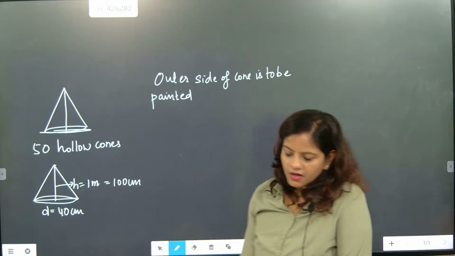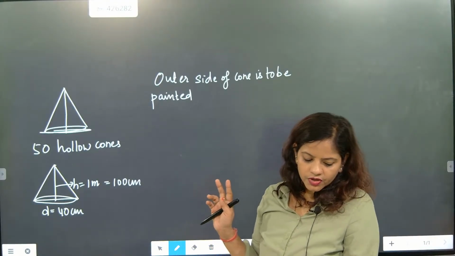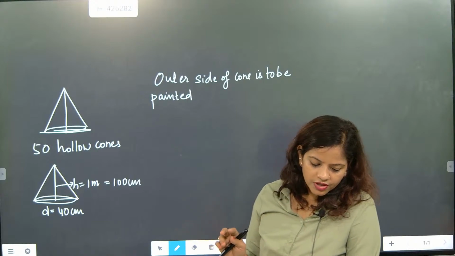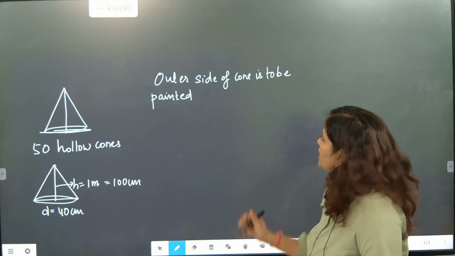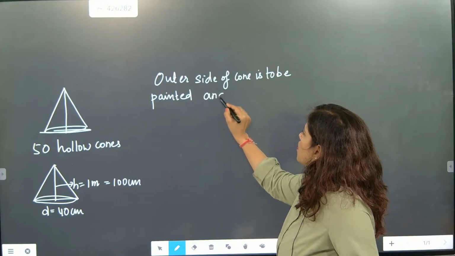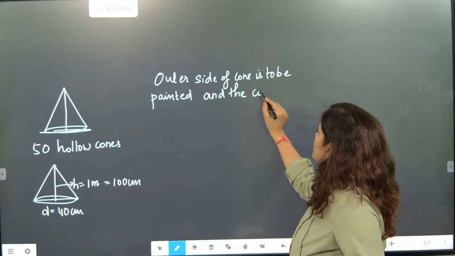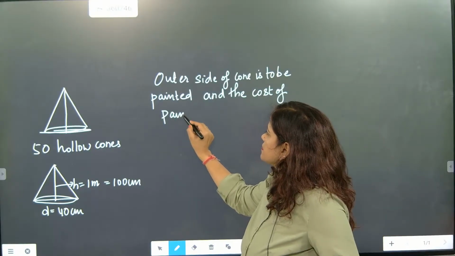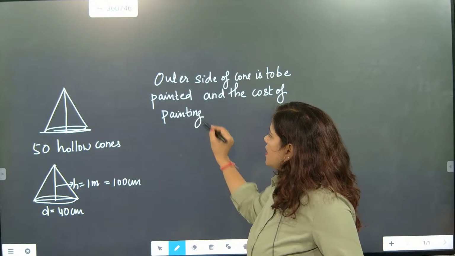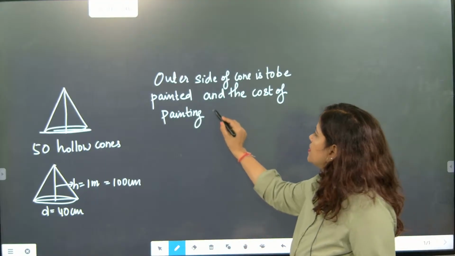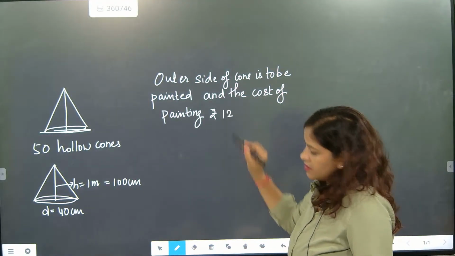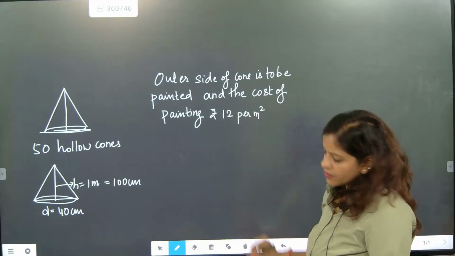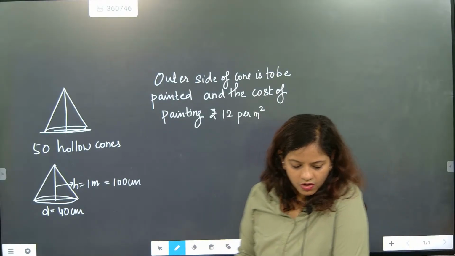Okay, the cone has diameter 40 and height 1 meter. If the outer side of the cone is to be painted, write down, beta, the cost of painting is rupees 12 per square meter. Okay, then what will be the cost of painting?